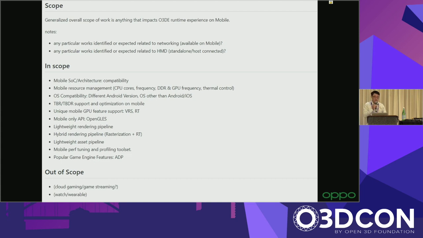Qualcomm, MediaTek, Samsung, Huawei, even Google have their own chipsets, and Apple. Each of these manufacturers also has different tiers of SoC, system on chip. They have high-end flagship, they have mid-end, they have low-end. So just supporting the compatibility will be really time and human resource consuming.